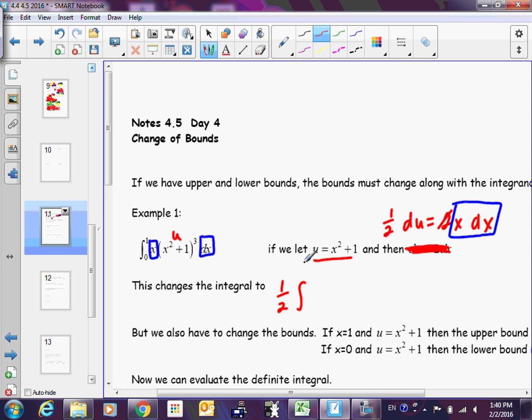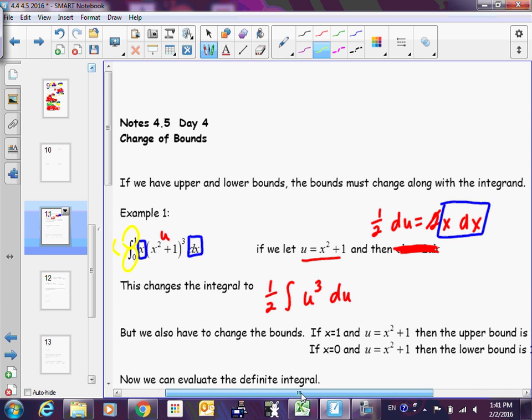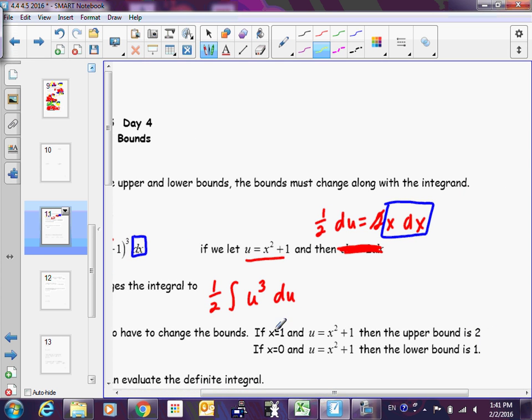All right, so if I'm just putting in u cubed, and then I replace the x and the dx, I take those out and I replace it with 1/2 du. Okay, this is all stuff we've already done. Here's the new part. We have these bounds, 1 and 0. These are x values. Okay, so we have this down here. If x equals 1 and u equals x squared plus 1, then the upper bound is 2.